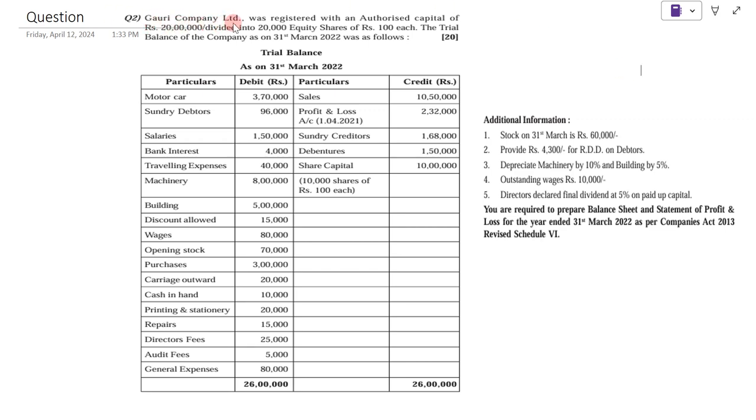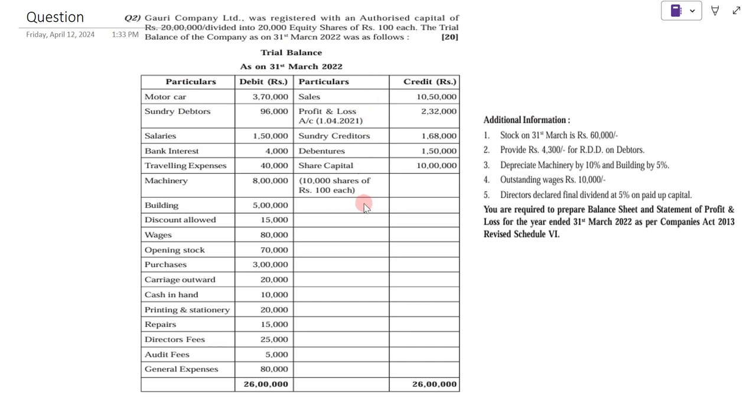Gauri Company Limited was registered with an authorized capital of rupees 20 lakh divided into 20,000 equity shares of rupees 10 each. The trial balance of Gauri Company Limited as on 31st March 2022 was as follows. To the debit side, these are the items.